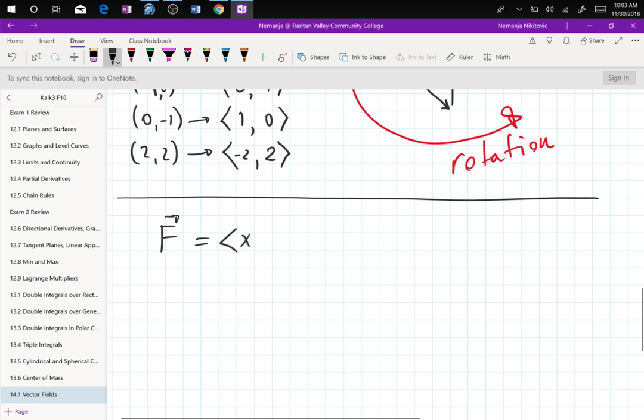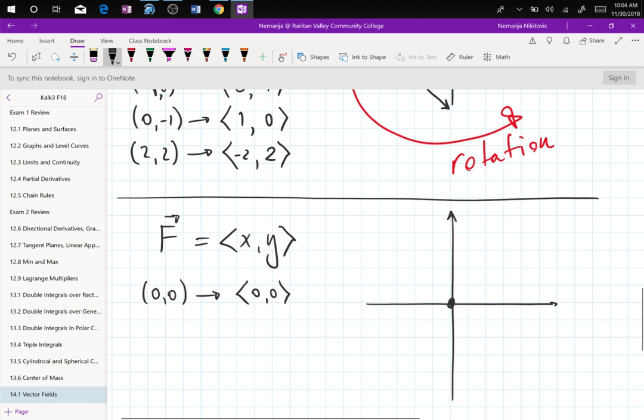Vector field F is given as xy. Zero, zero will give us 0, 0, the origin, right? One, 0 gives us vector 1, 0. Zero, 1 gives us vector 0, 1.